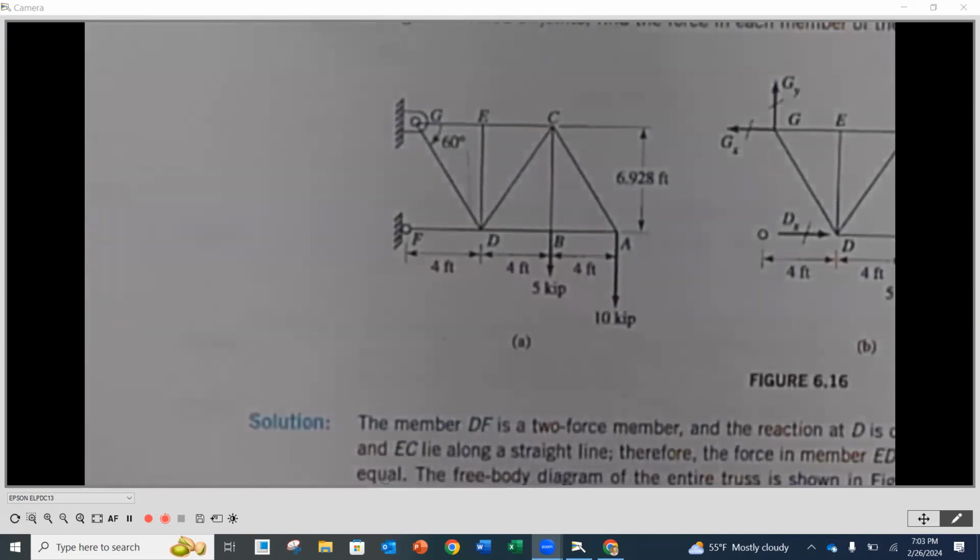Don't forget to put your convention. Yes, F is just a roller. Yep.